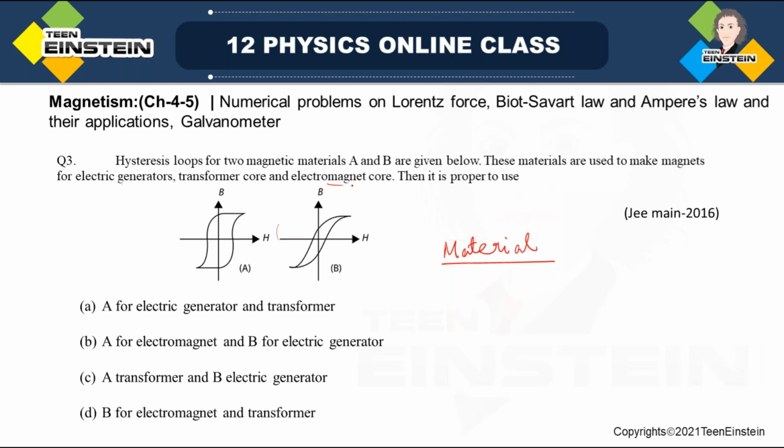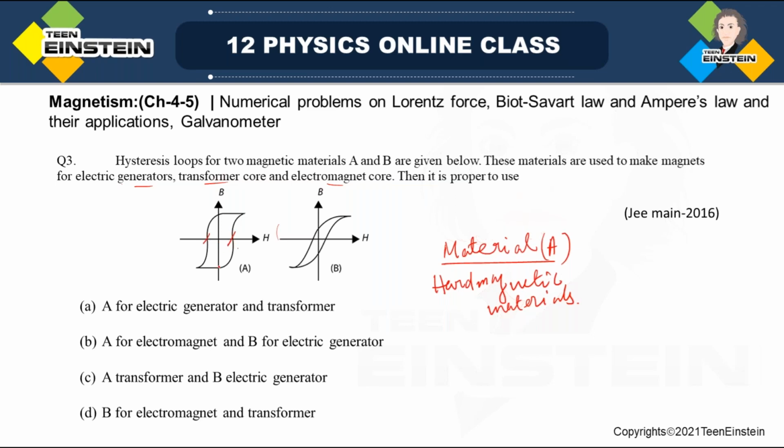Why? Because it has greater coercivity. If we want to demagnetize it, we need a greater field in the reverse direction to make the magnetization zero.